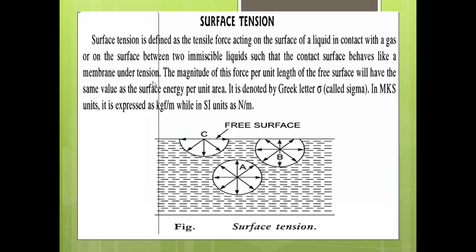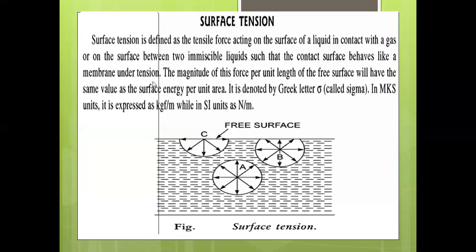Okay. The spherical nature or shape of the water droplet is because of the surface tension. Correct? At that time, we have seen one.